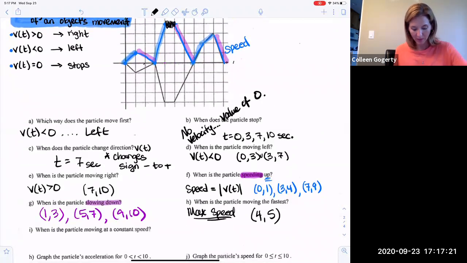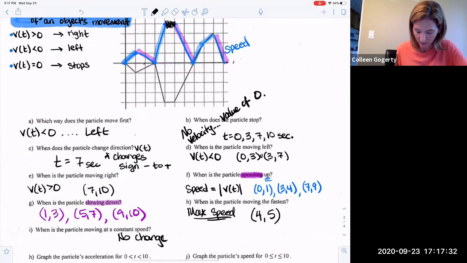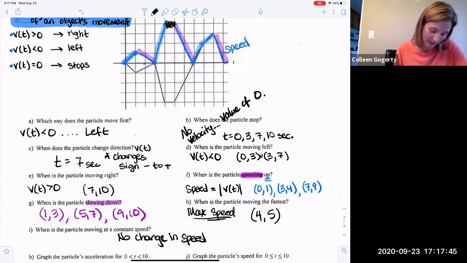When is the particle moving at a constant speed? Constant speed would mean that there is no change in the speed. In other words, it's remaining constant, so I'm going to still go with 4 to 5 seconds.